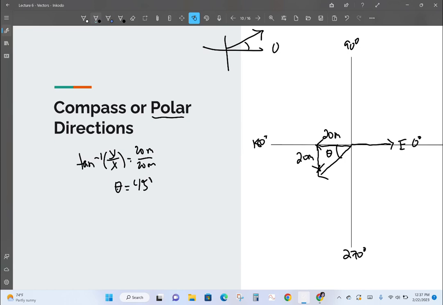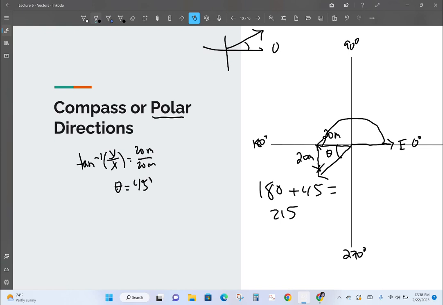It's not to the northeast. It's actually to the southwest. So how do I correct for it? If I'm finding an angle in the third quadrant, I'm going to try to find the angle all the way over here. So if I found that 45 degrees, I just need to add 180 to both sides. So that would be 215.